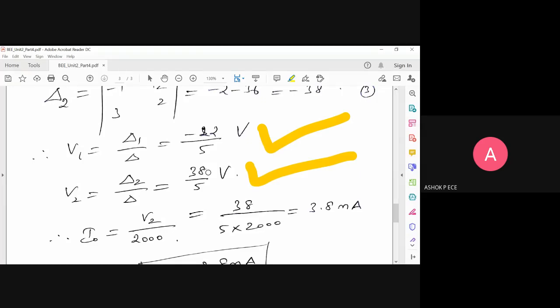If the negative polarity of a voltage source is connected to a node, that node tends to be negative. If the positive terminal is connected to a node, that node tends to be positive. Unless you solve and confirm, you cannot verify that. After solving, I got V1 as minus 22 by 5 and V2 as 38 by 5, so whatever we predicted is correct here.